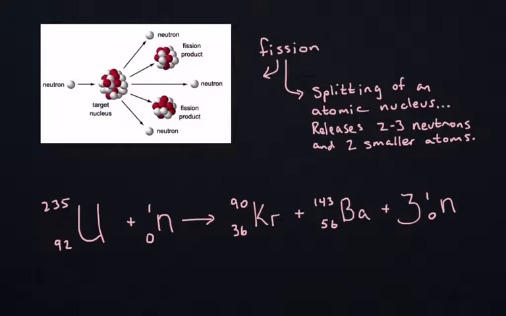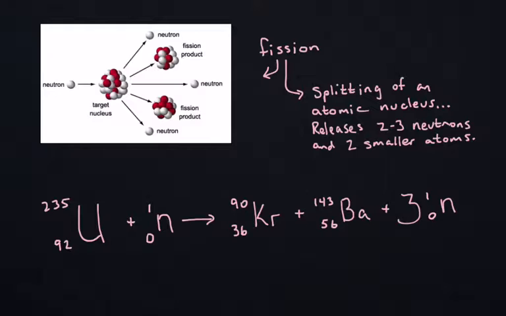Well, the neat thing about a fission reaction is that it releases 2 to 3 neutrons, in addition to those 2 smaller atoms. And so if you now add up the atomic masses on the right, 236 and 236 on both sides, they're equal. We have to conserve that mass on either side of that arrow sign.